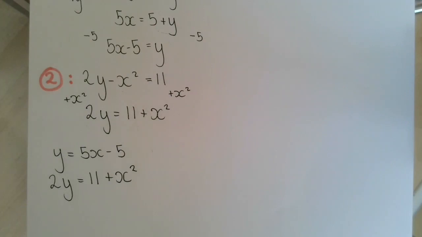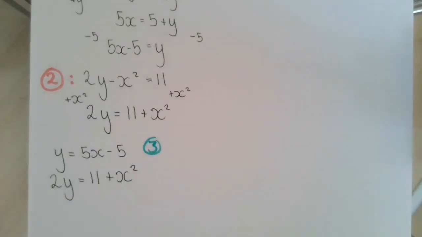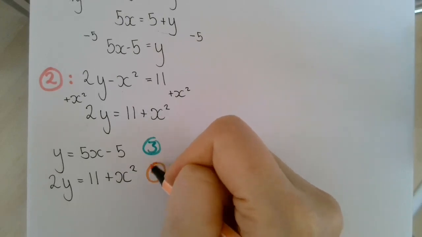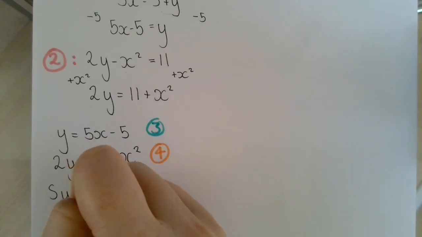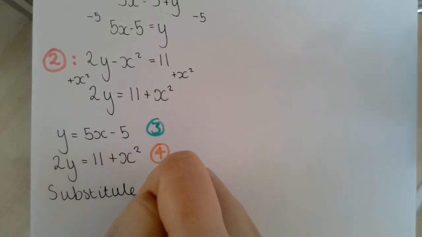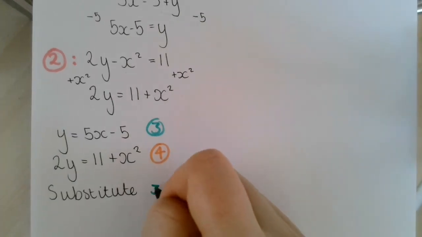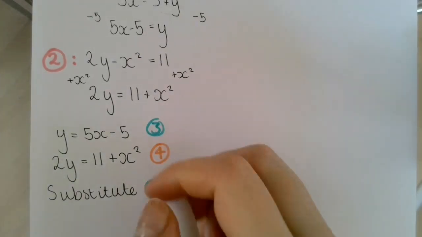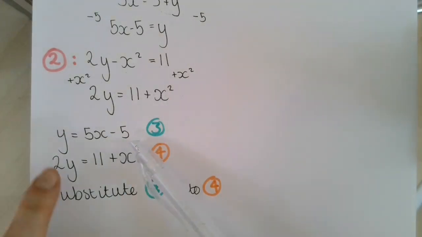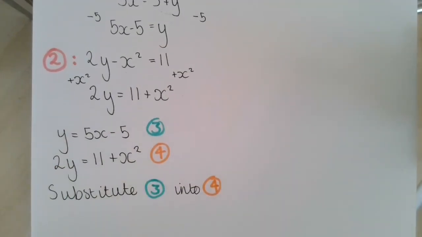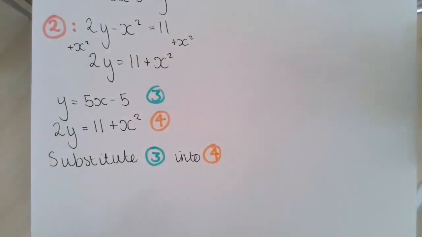I'm now going to call these two equations equation 3 and equation 4. I'm going to substitute equation 3 into equation 4. Since we've got y equals 5x minus 5 and 2y equals something, we can just substitute this equation into that one.